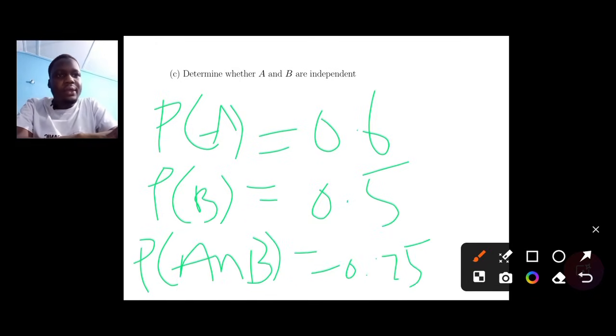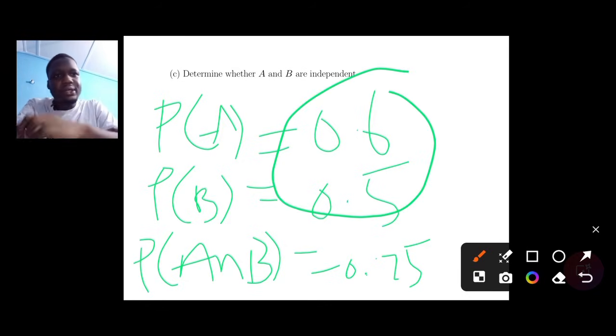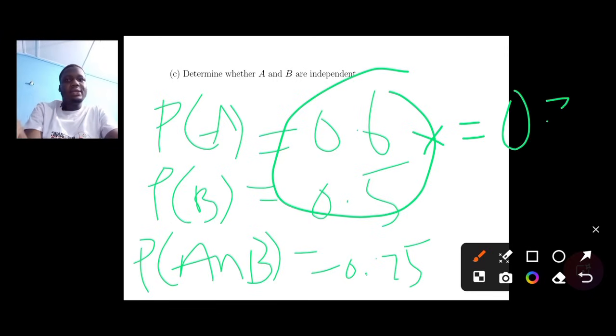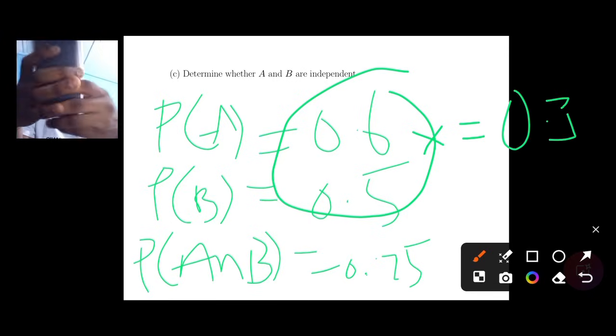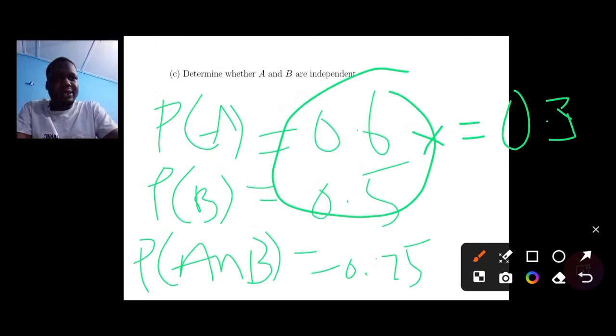Okay, and we have to determine whether they are independent. So let's multiply these two values and compare it to the intersection. As simple as that. Okay, so we multiply these two values, we end up getting 0.3. Let me confirm that anyway. 0.6 times 0.5, good, 0.3.